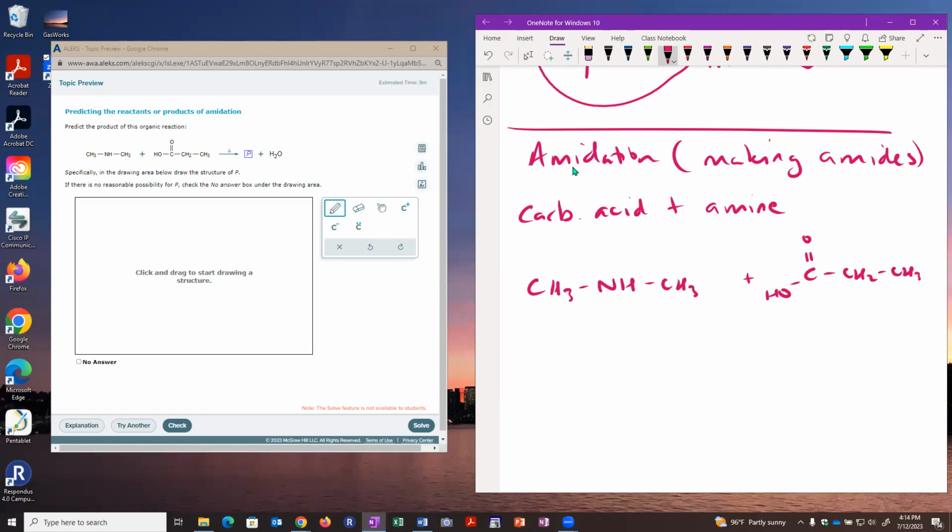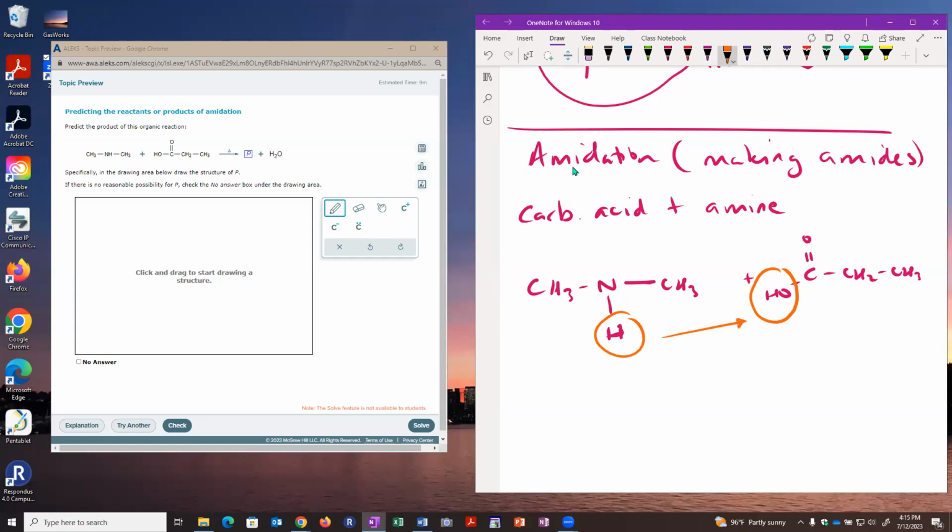Just like with the esterification, try to identify the parts of each of these 2 molecules that are going to react. I expanded out the amine structure to show that hydrogen connected to the N, because that's the hydrogen that is going to react with the OH from the acid.